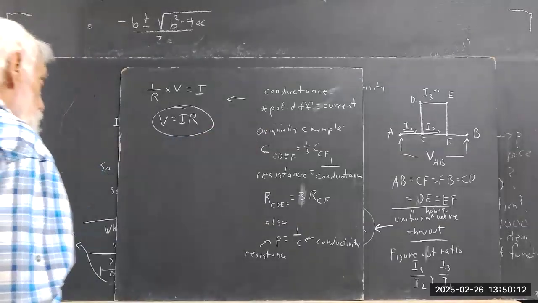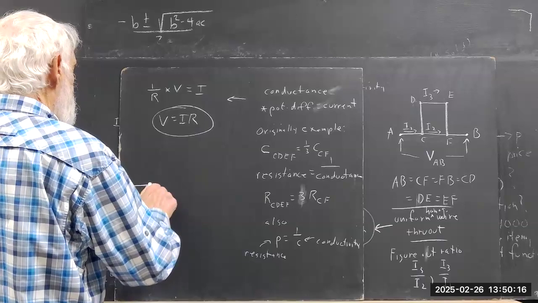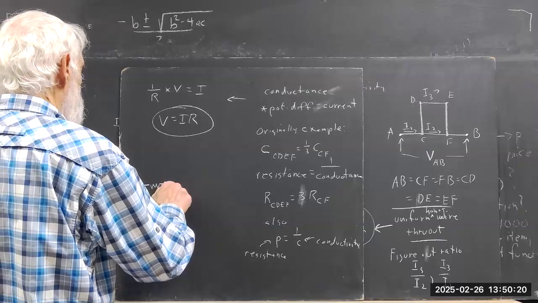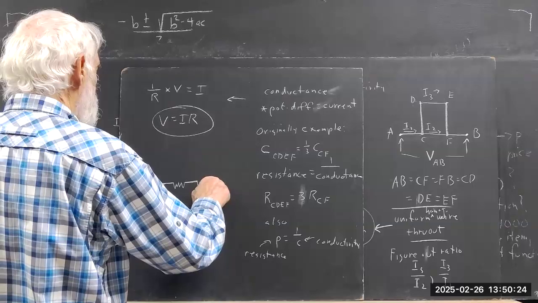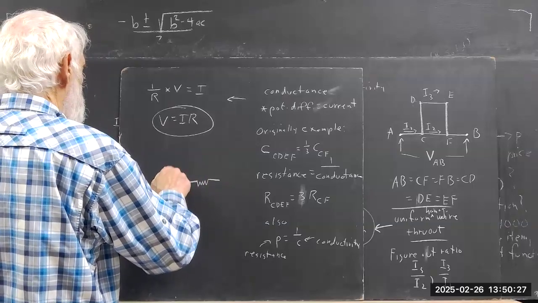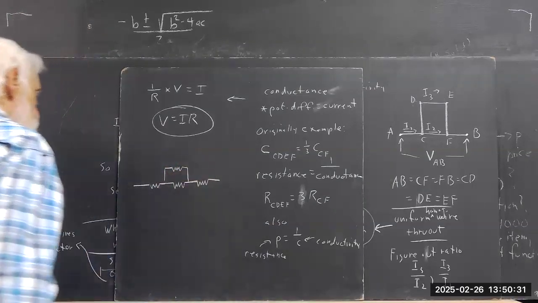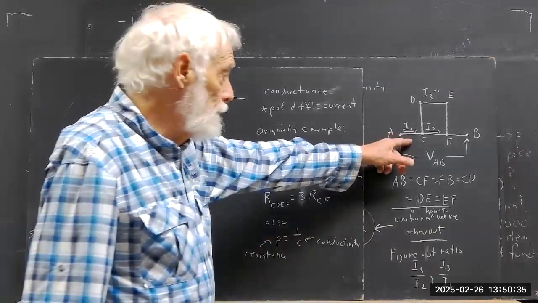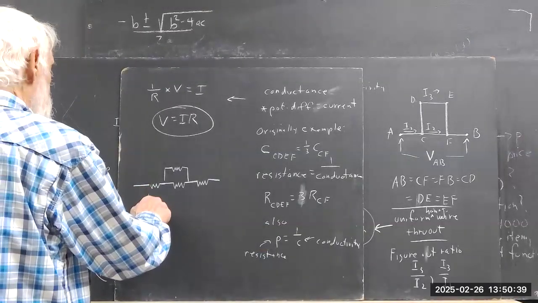So we can represent this circuit as: this segment of wire has some resistance, which we call maybe R1.